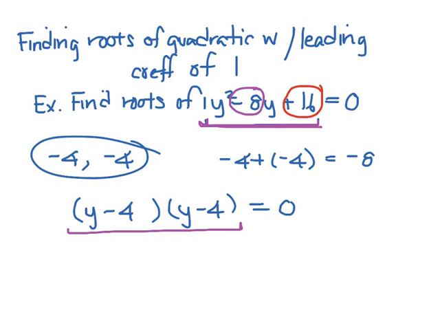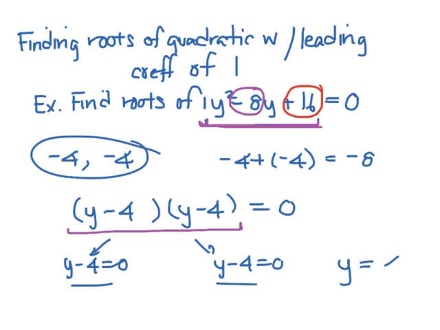Now remember, to make this whole equation 0, I have two equations. Here I say either y minus 4 equals 0 or y minus 4 equals 0. In this case they're both the same, so the only root, or the only solution I have, is when y equals 4.